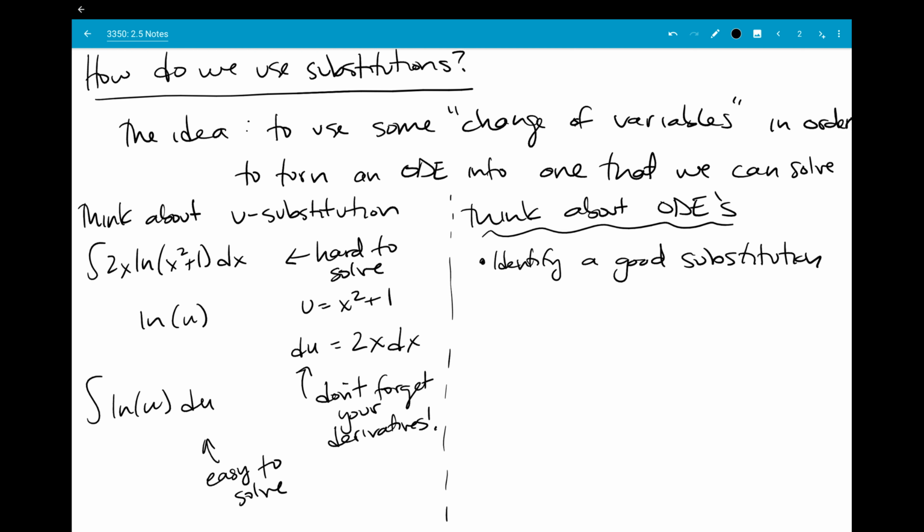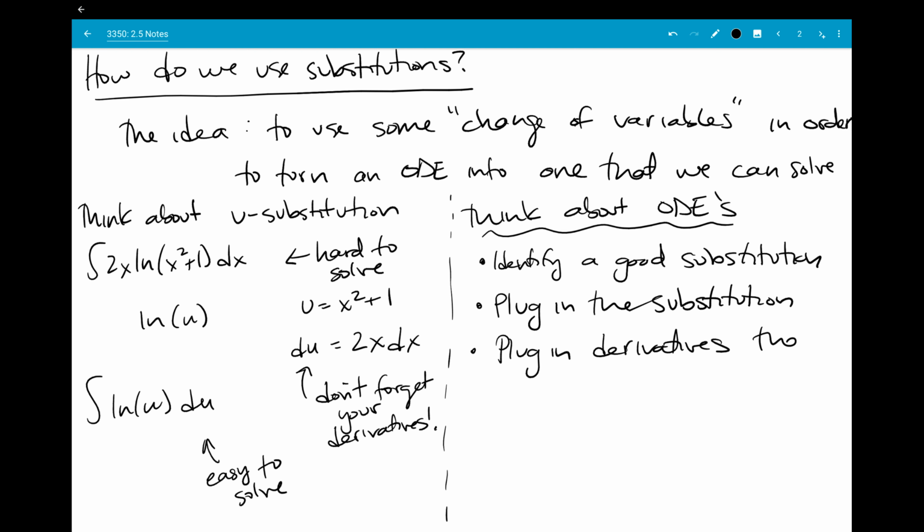Once you've identified your good substitution, you plug in the substitution, you plug in derivatives that use the same variable, and then you solve an easier problem.